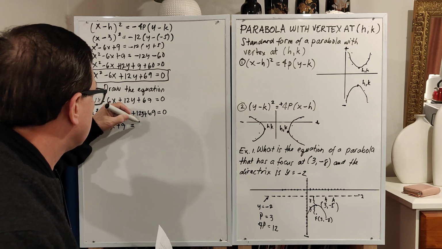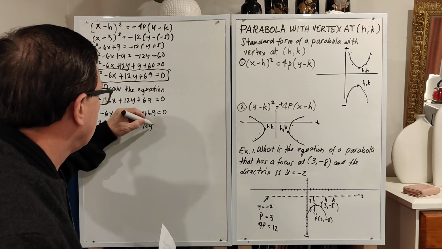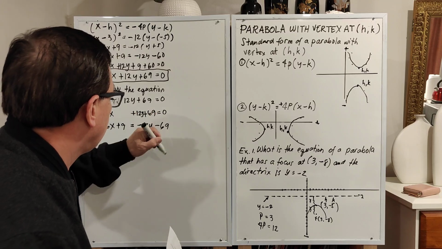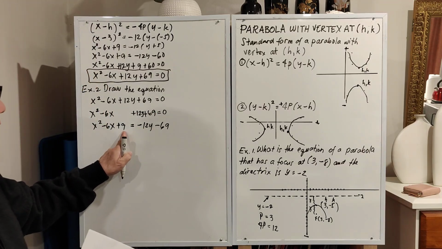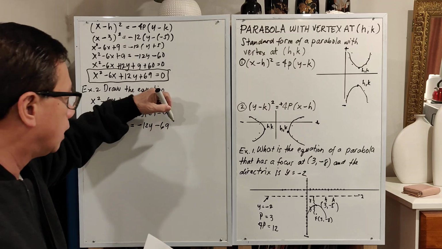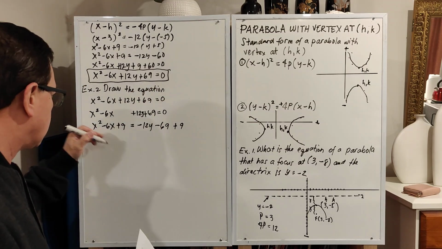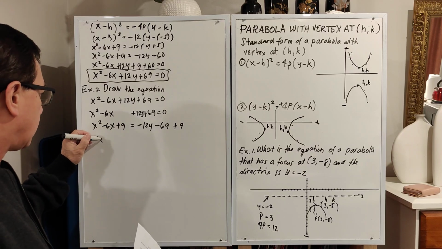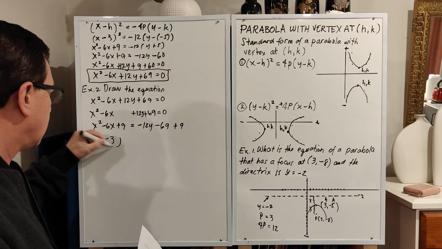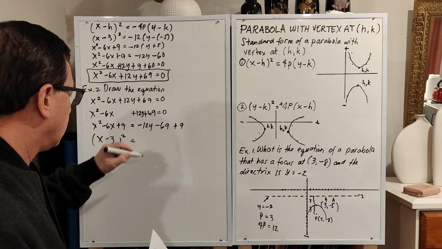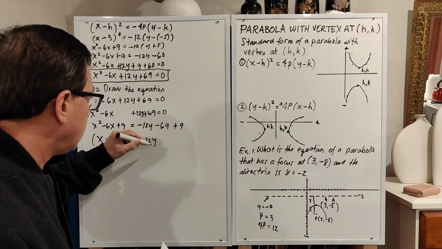This one becomes negative 12y minus 69. Since we add 9 on the left, we have to add 9 on the right. So now this one becomes a perfect square. We can rewrite it as x minus 3, the quantity squared, is equal to negative 12y.